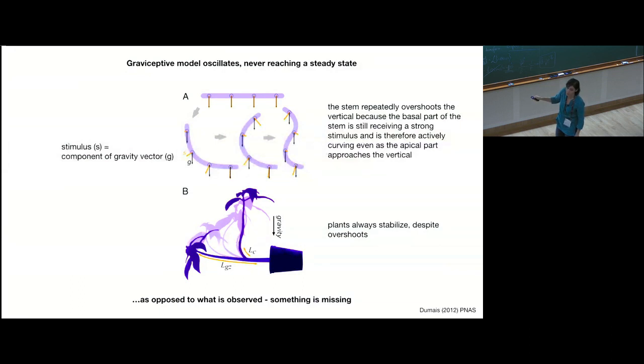So even though the top has already arrived at the vertical, at the bottom I continue to curve because the component is very big, and I curve so much that the top overshoots.